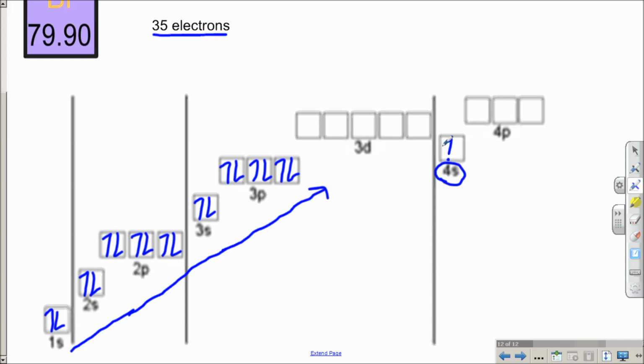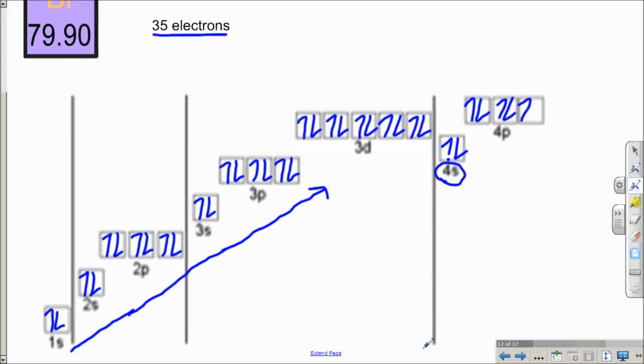So this would be 19, 20, and then spread these out, 21, 22, 23, 24, 25, 26, 27, 28, 29, 30, 31, 32, 33, 34, and 35. Wow, that's a big one.